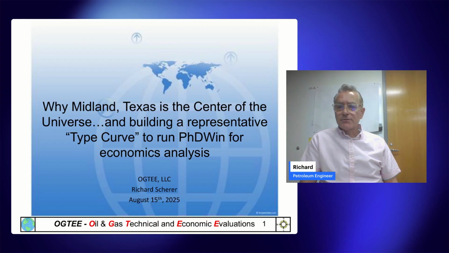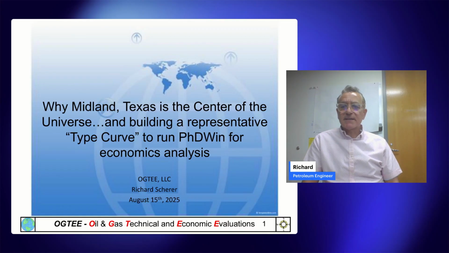What I'm going to do is go through a presentation today on why Midland, Texas is the center of the universe and building a representative type curve to run PHDwin economics for analyses. Now, this presentation, I'll point out, has been specifically put together for PHDwin and TRC consultants upon a request.